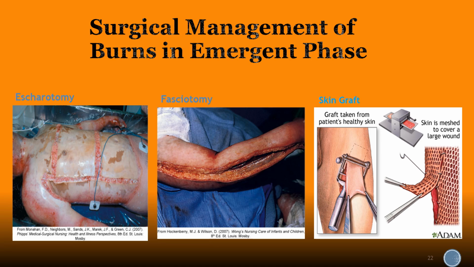In a full thickness burn, both the epidermis and dermis are destroyed and all the sensory nerves are gone also. There is a tough, leathery tissue remaining, which is called the eschar, and escharotomy is the removal, the -otomy, of the eschar or dead tissue. The next one is the fasciotomy.